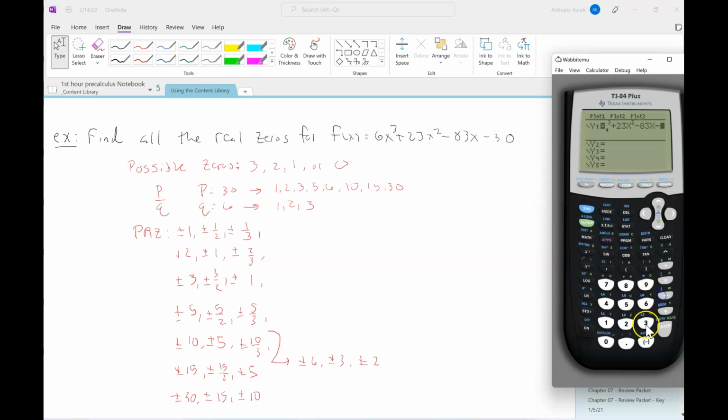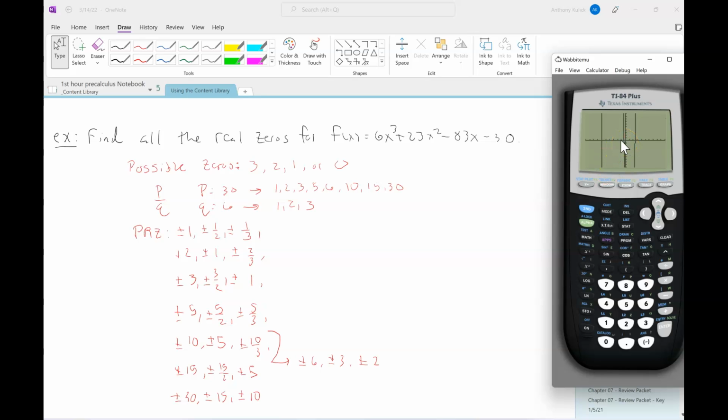In this case, I probably only really need one of them, but that's okay. So I just typed my function into my y equals. I already reset my window back to -10 to +10, so I don't have to worry about resetting that again. So I'm just going to hit enter.